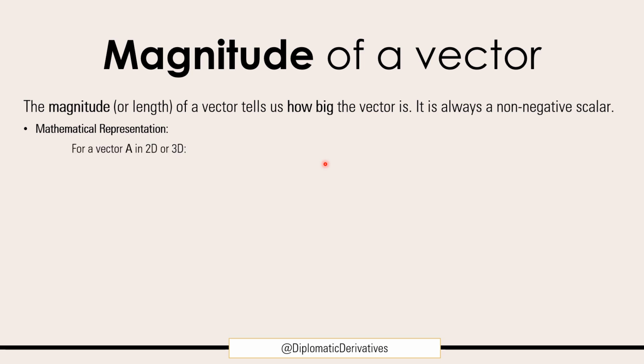Now, in terms of mathematical representation, we see for a vector A in 2D or 3D. We're always going to see things in either 2D or 3D. These are the two representations. Now we'll see how that is represented. For a vector A, let's suppose we have a 2D representation. A 2D vector will be drawn in an x and y coordinate system.